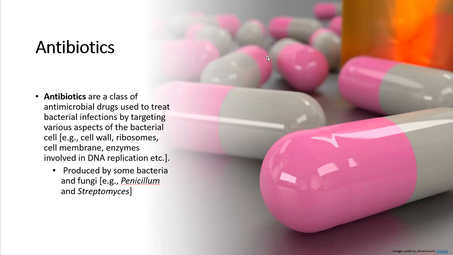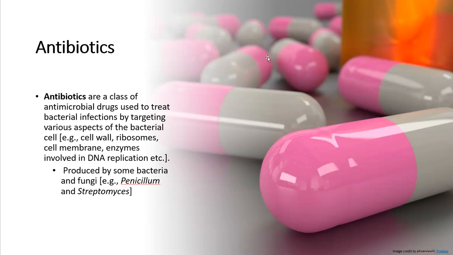Antibiotics typically are made by microorganisms, so there are various different species of bacteria like Streptomyces and fungi like the penicillium mold that are responsible for producing the chemicals that we know as antibiotics that can kill bacteria. The penicillium mold produces the antibiotic penicillin.